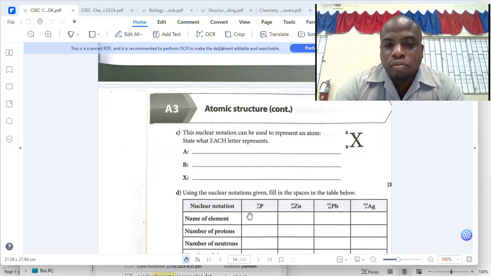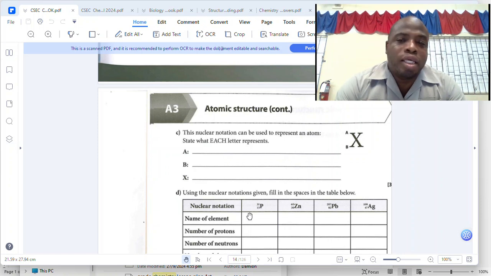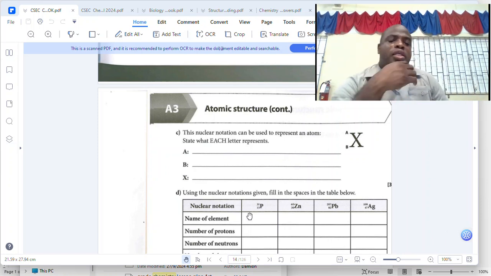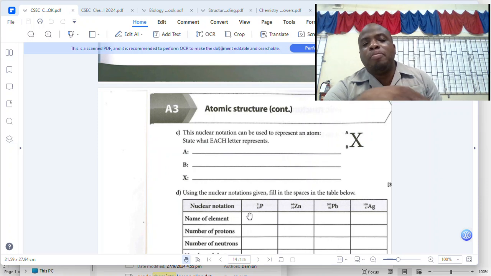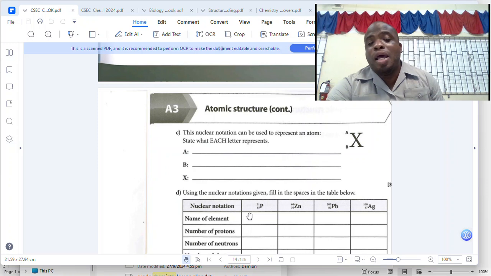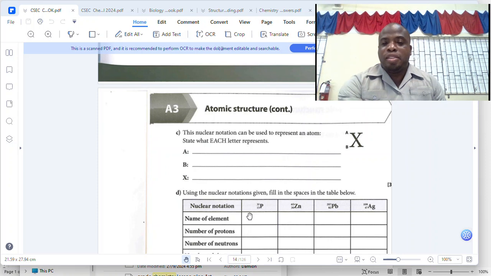B is the atomic number. Sometimes when you're looking on the internet, you may see a periodic table that puts the mass number at the bottom and the atomic number at the top, or vice versa. Bear in mind for CXC, once they're giving you information, this is the representation that it will come in.